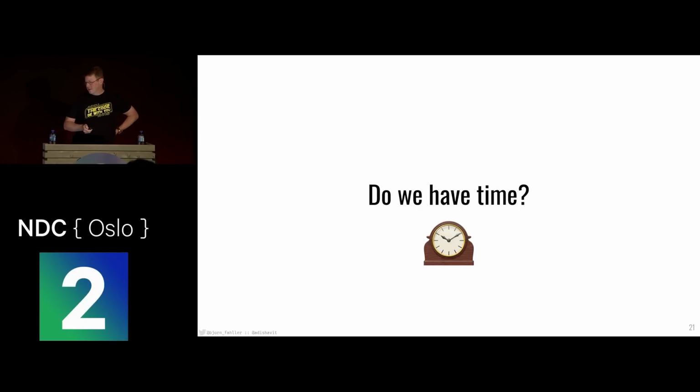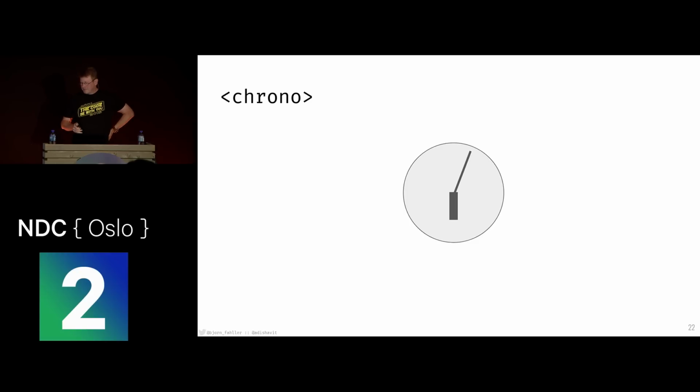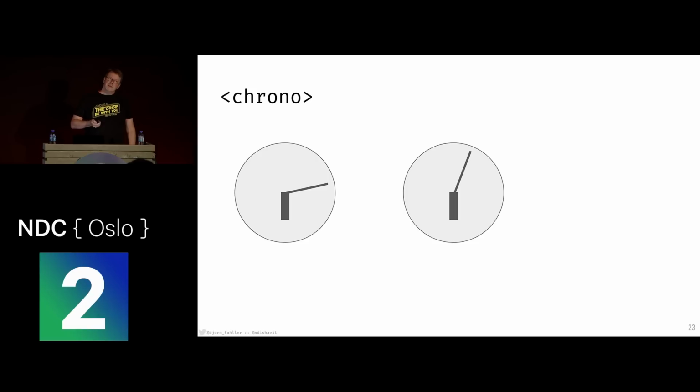So let's forget about vectors and points and 2D planes for a moment and have a look at time. So this is me showing off my extremely good skills at graphic design. This is supposed to represent a clock face. So we have a point in time. What can it be? 4 minutes past 6, roughly, something like that. And we have another clock face showing another point in time.